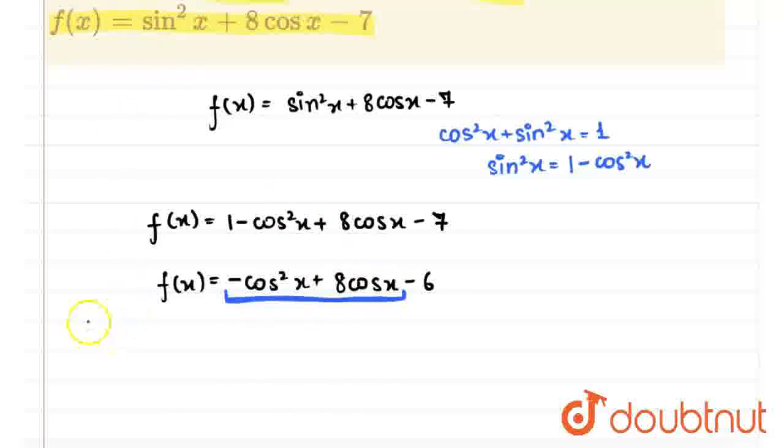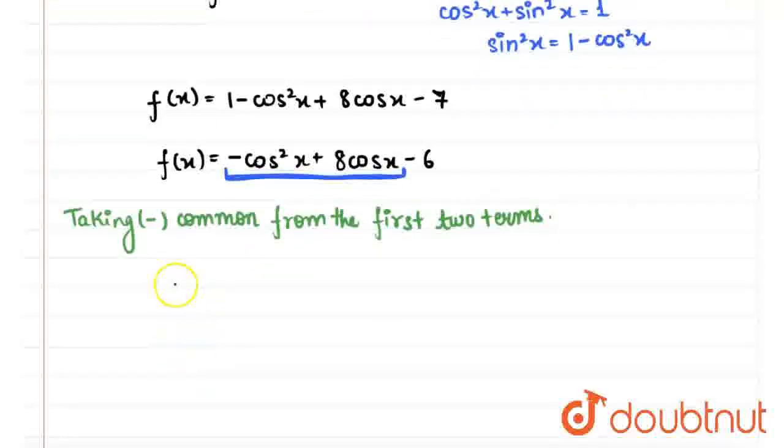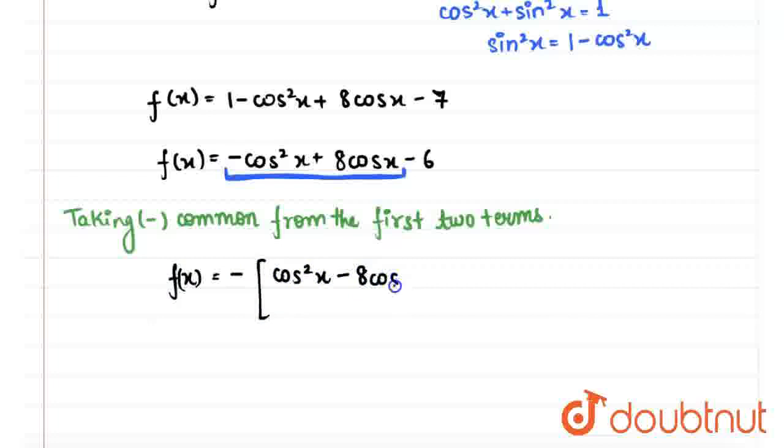So f of x is equal to minus of cos square x minus 8 cos x, bracket close, minus 6 would be as it is because we took minus common from the first two terms only.